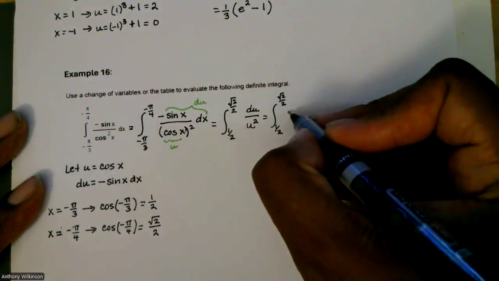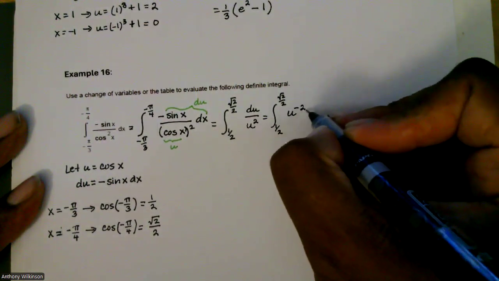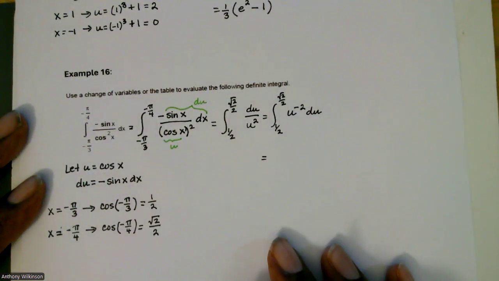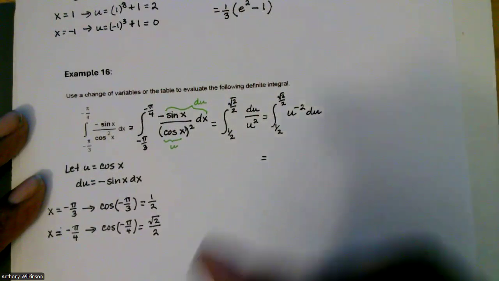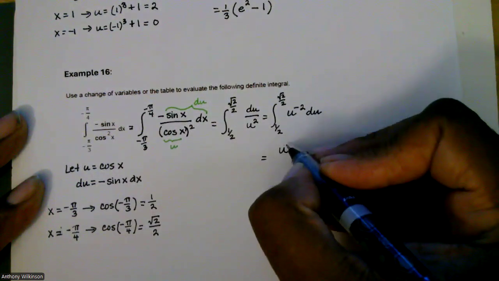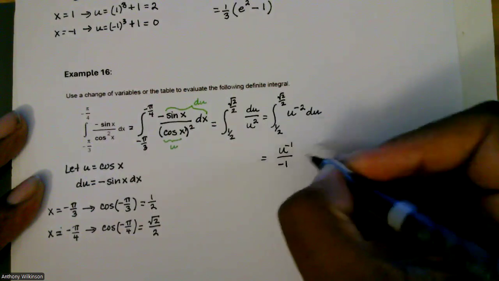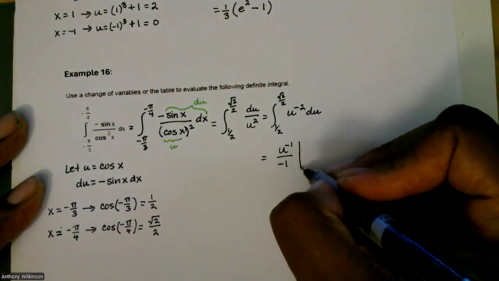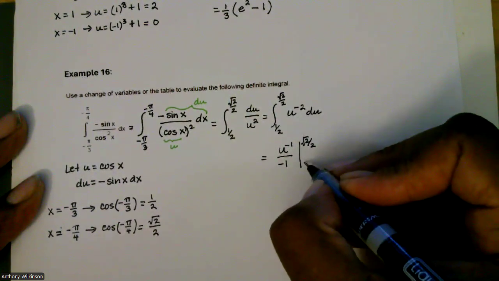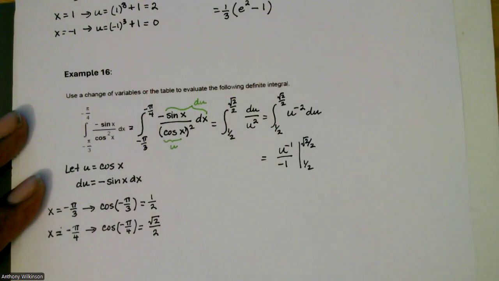The u squared, I can pull that out of the denominator, right? That is u to the negative 2 du. And I applied the power rule by increasing the power by 1 and dividing by that new exponent. So u to the negative 2 plus 1 will be negative 1, divided by negative 1, from 1/2 to square root of 2 over 2.